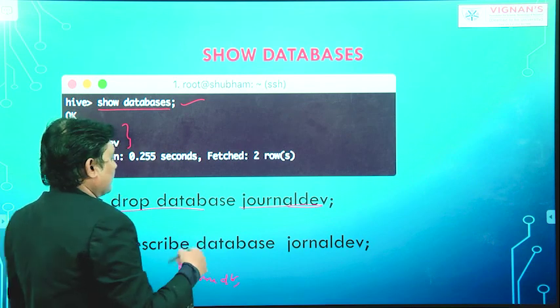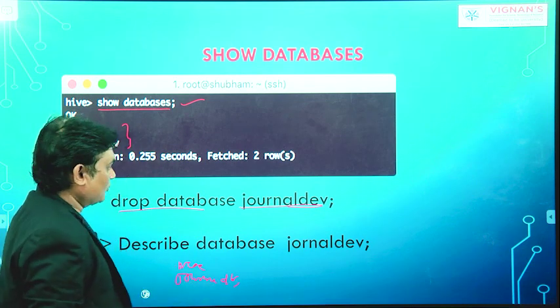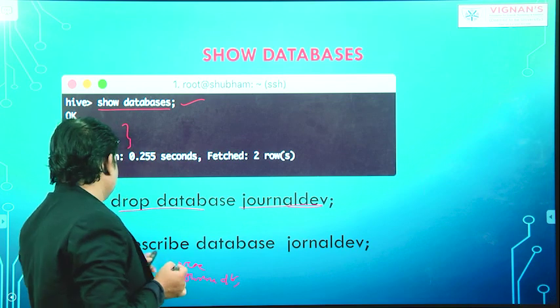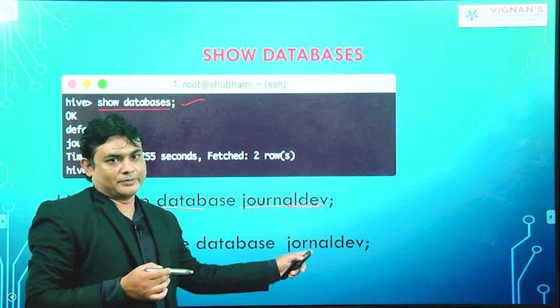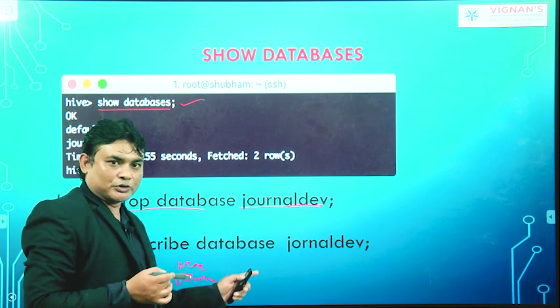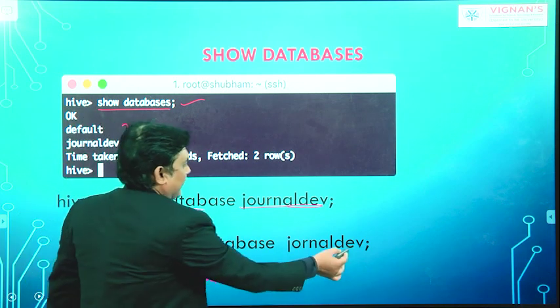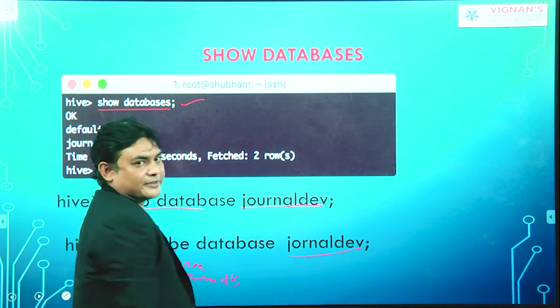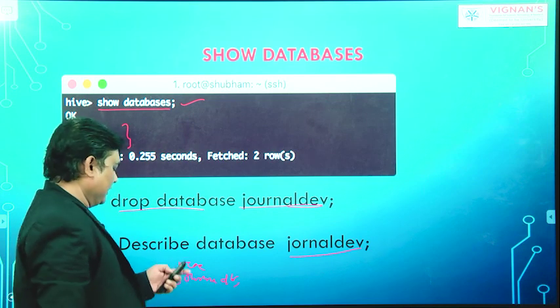And if you want more information about the database, give describe database and the name of the database. It will give you all information about your database, here general DB.